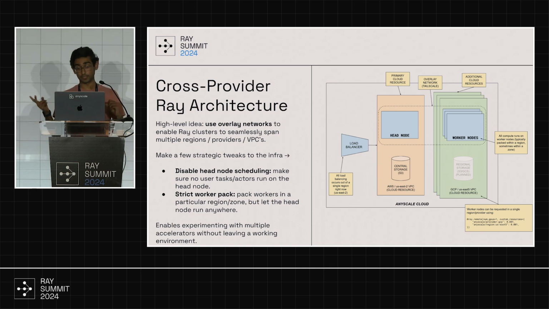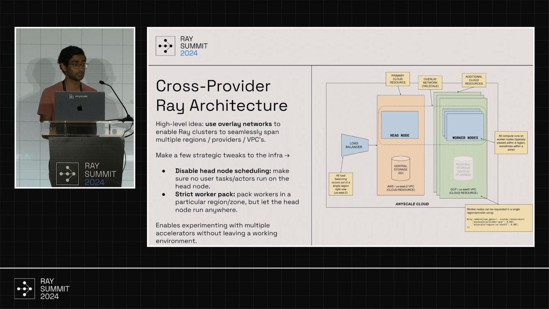Two particular strategic tweaks that we made when we did this are that we disabled head node scheduling, which is really important to prevent a lot of inter-region network traffic, and we also added more intelligent pack strategies in our auto-scaling. So one of the things that we do is we say maybe this set of workers has to be packed together in a particular zone or a particular region, but they can be somewhere different than the head node.